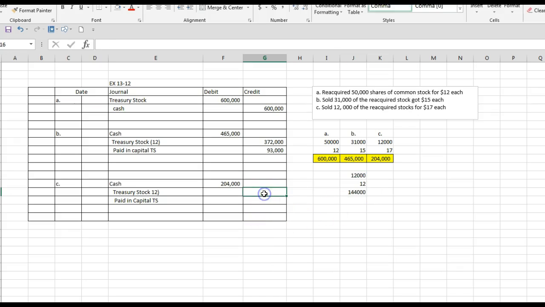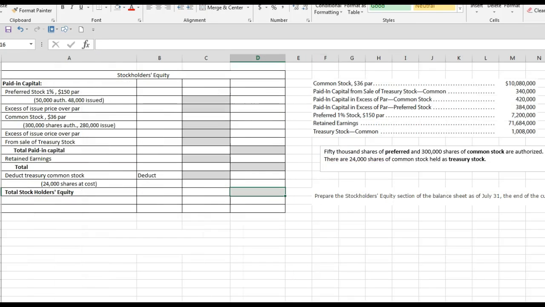So this is going to be 144,000. And then the difference is going to go into additional paid-in capital from treasury stock. Remember, we're keeping this separate. So those are the entries you would use for treasury stock. Always remember, whatever you buy it for becomes its par until it's totally gone.